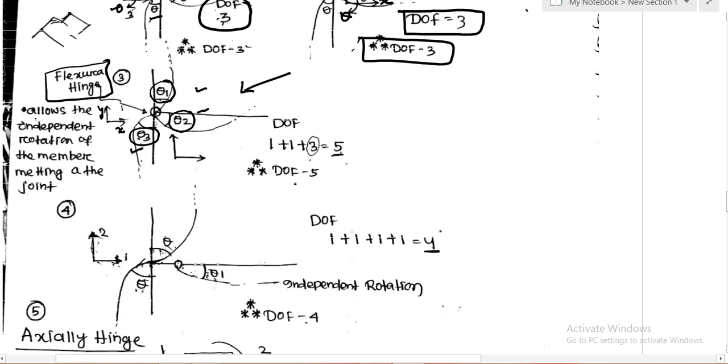It allows independent rotation of the members meeting at the joint. So for a flexural hinge, 5 degrees of freedom are possible if all the members meet at the flexural hinge.